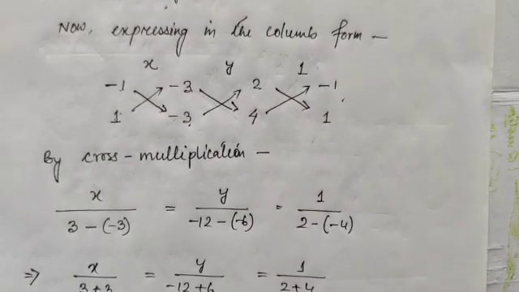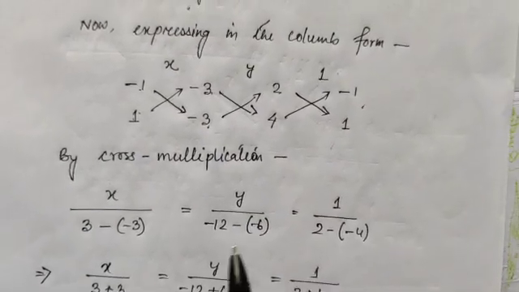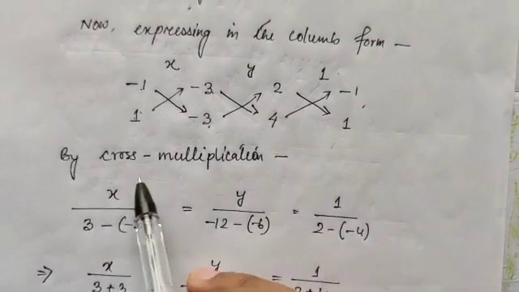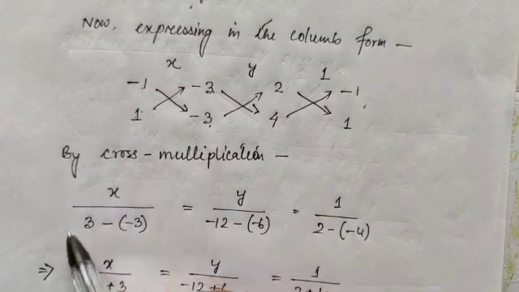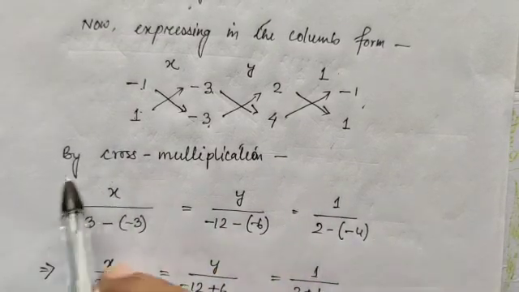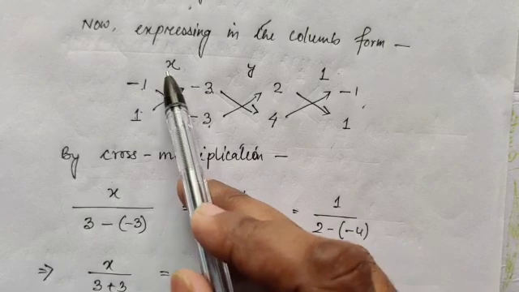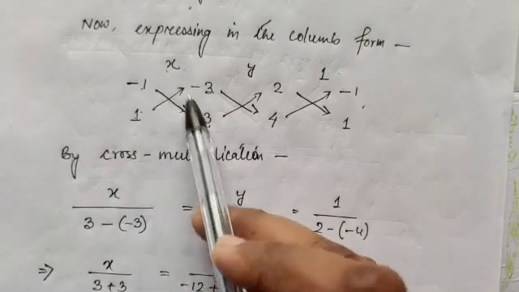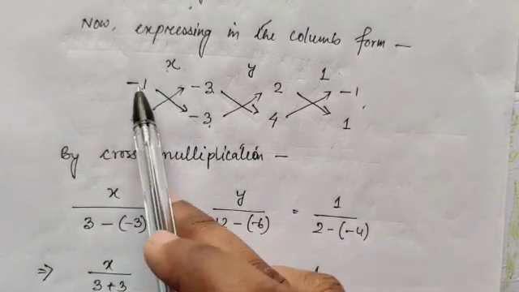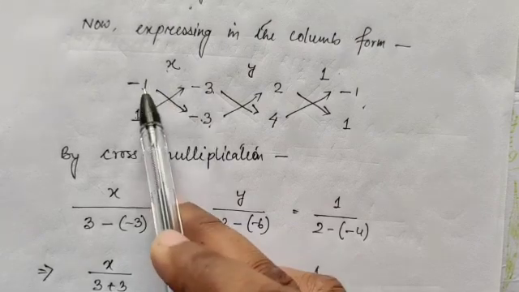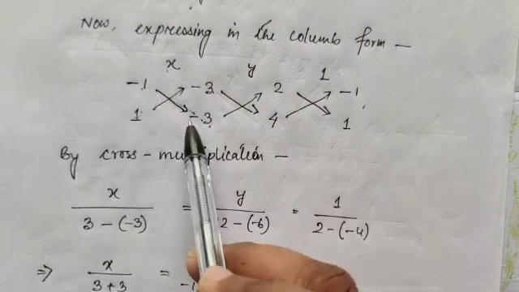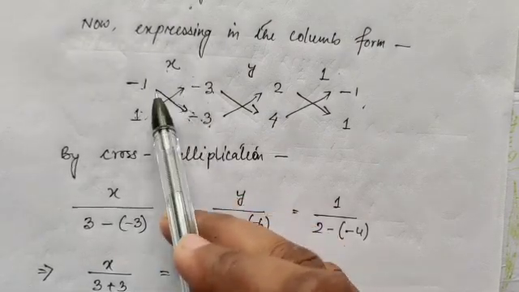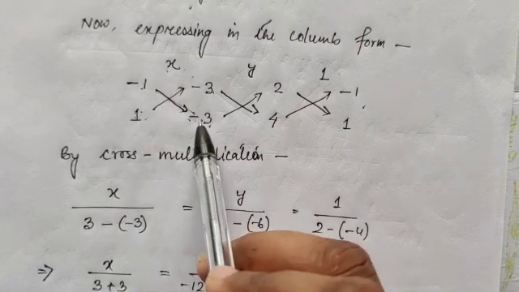Okay, now apply cross multiplication. Clear? So if you cross multiply, our proportional part will come in this way. x divided by the cross multiplication of these two columns, that is, if you start from here, cross from up to down, then next down to up. So -1 into -3 will come 3.